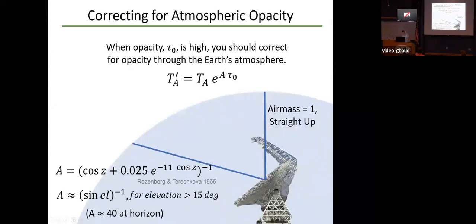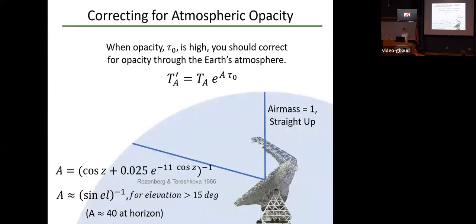So if you're looking straight up, cosine of z would be cosine of 0 in this equation. And down here, it would be 90 minus 0. It would be sine of 90 for straight up, which should be 0. Oh no, it should be 1.